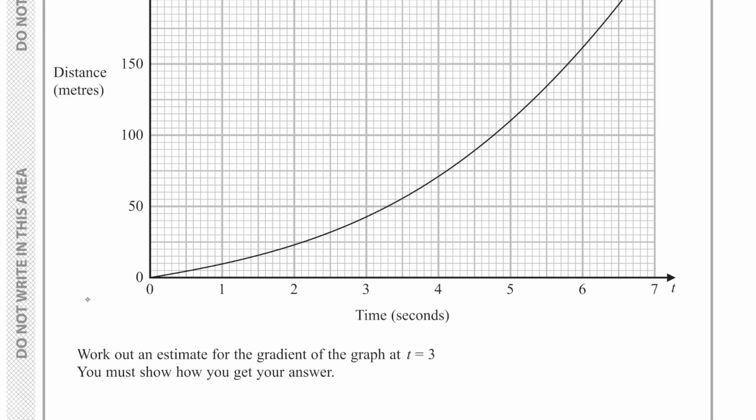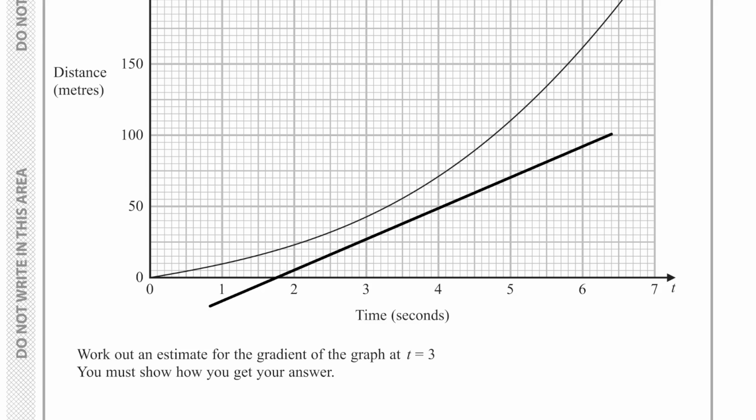So we're going to draw a line that just touches the graph at the point where t equals 3. Let's try and get a line that's just touching the graph at t equals 3. So something like that.